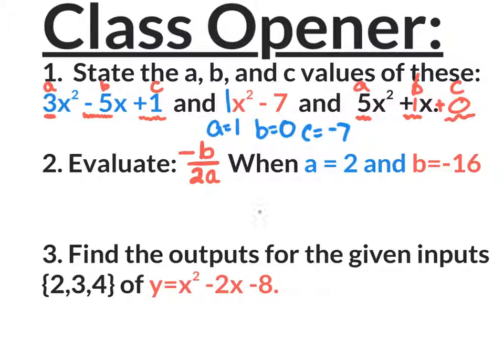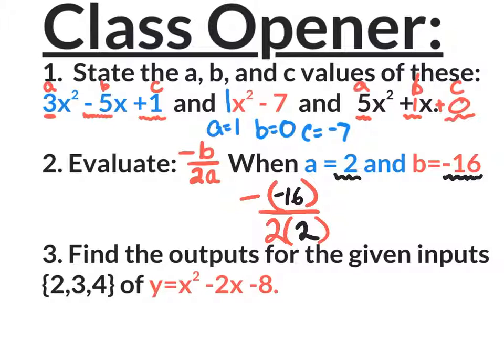So what I want to do is rewrite that fraction as negative parentheses b, over 2 times parentheses a. And then I'm going to plug in my b value, which is negative 16. I'm going to plug that right in there, negative 16. And my a value 2, I'm going to plug that 2 right into the a, which is right there on the bottom parentheses. This is the correct way of doing the math when you evaluate. So plug it in with parentheses.